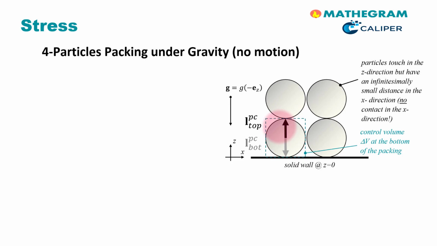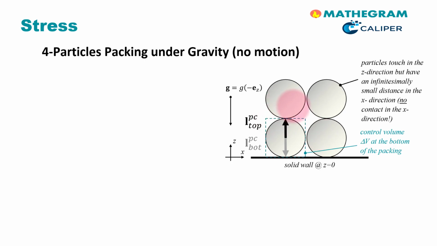Also, we consider a control volume delta V that is located at the bottom left particle. For this particle, we find 2 relevant contacts, the top and the bottom contact. Note the two particles in the right column are not relevant anymore. They will have the exact same stress state as the ones on the left.